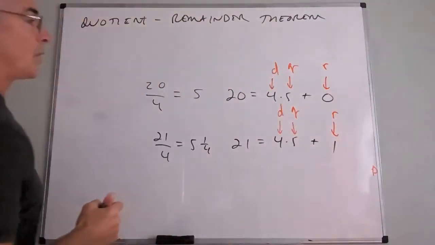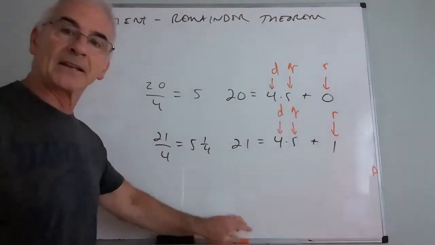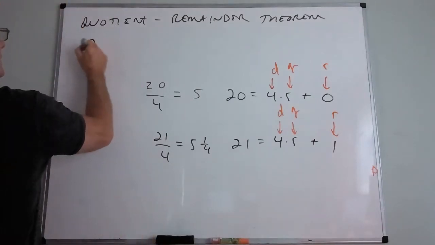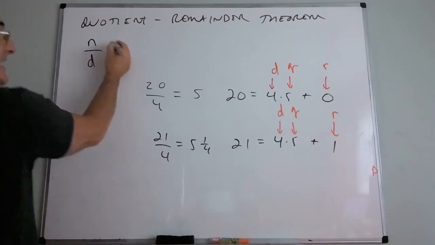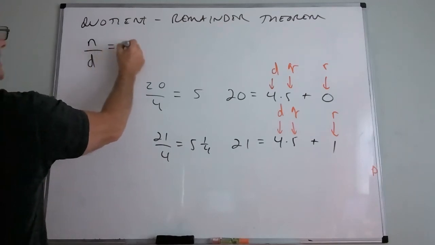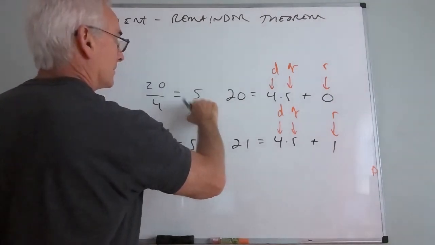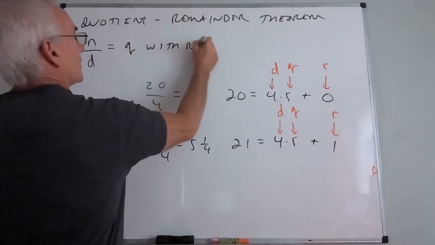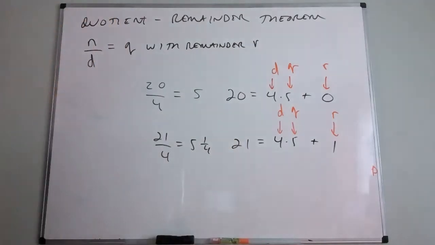So the quotient remainder theorem is essentially any time you're dividing a number, and we'll call this one n. So n over d is equal to Q with remainder R. Q for quotient, how many times did it go in?